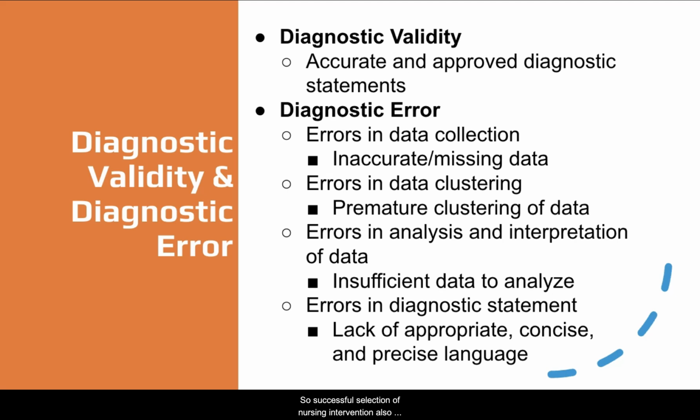So successful selection of nursing intervention also depends on having the correct related to factors or risk factors for that diagnosis. So an accurate diagnostic statement with relevant assessment findings guides you to selecting appropriate and individualized nursing interventions.